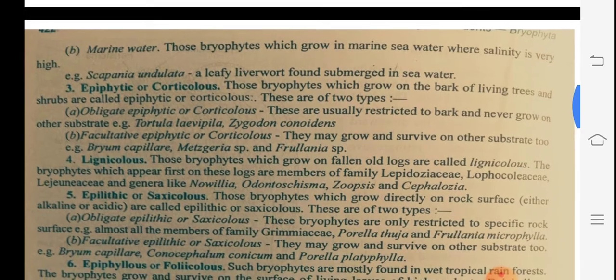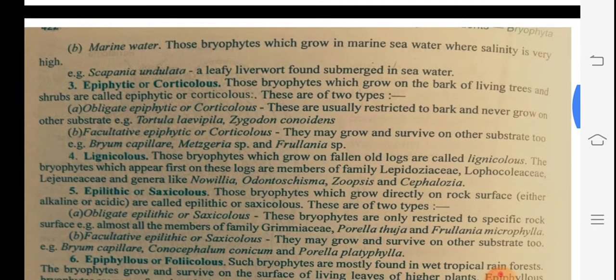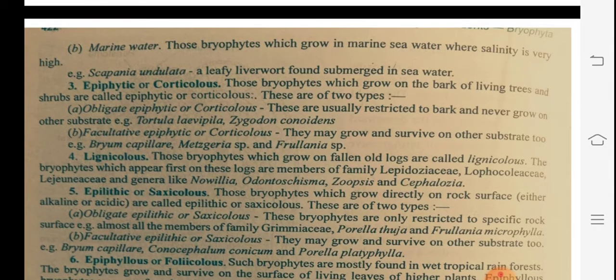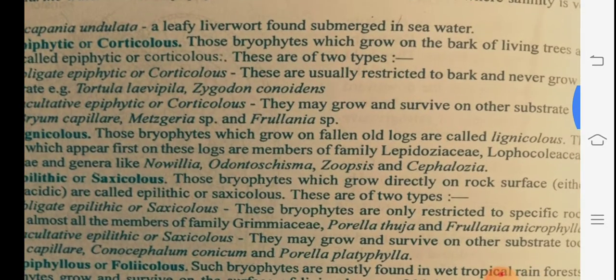In marine condition, some bryophytes grow as per the salinity, the salt condition, where high salinity is there. So Scapania undulata is a leafy liverwort found in sea conditions. Then epiphytic, that is corticolous, which grows on the bark of trees. Again, there are two types: obligate epiphytic and facultative epiphytic.